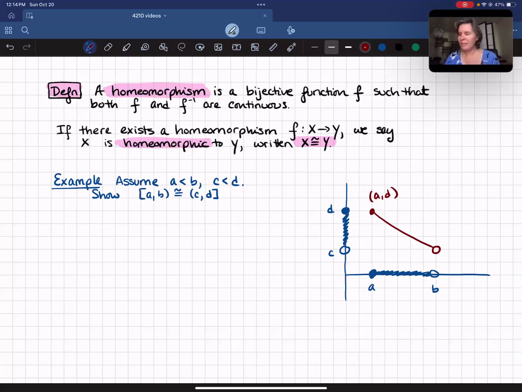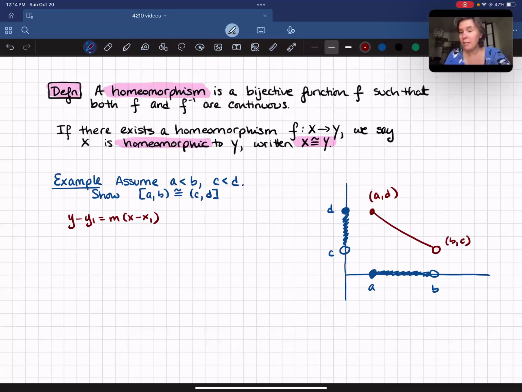Let's go ahead and find the equation for it so that we can think about this a little bit more. All right, well, this is a line, and so I can use the formula for a line: y minus y1 is m times x minus x1. And for my x1, y1, I could use the point a comma d, or I could use the point b comma c. I think I'll just use a comma d, chosen at random.